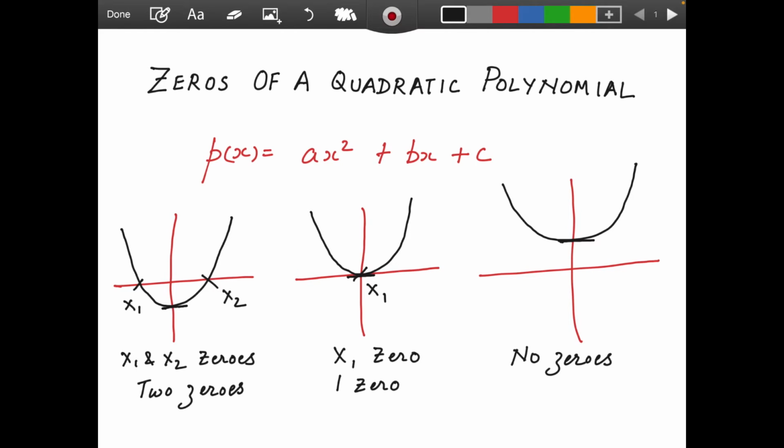If the vertex is below the x-axis, we would have two zeros. Whereas if the vertex is touching the x-axis, there would be just one zero. And if the vertex is above the x-axis, there would be no zeros. So if we find the vertex of a quadratic graph, we can tell how many zeros it would have.